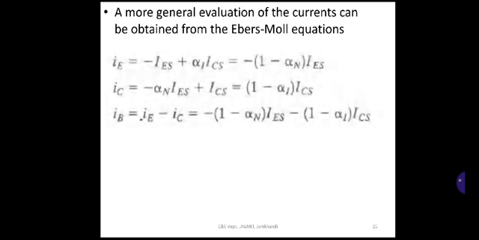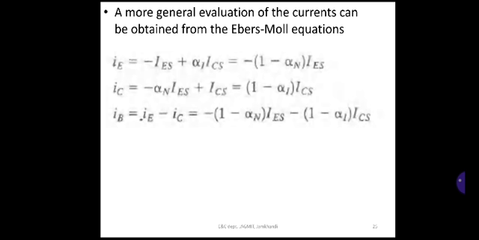Using the Ebers-Moll equation, the emitter current IE equals minus IES plus alpha I into ICS, that is equal to minus of 1 minus alpha N into IES. Then collector current IC equals minus alpha N into IES plus ICS.